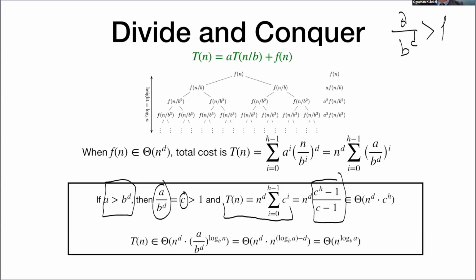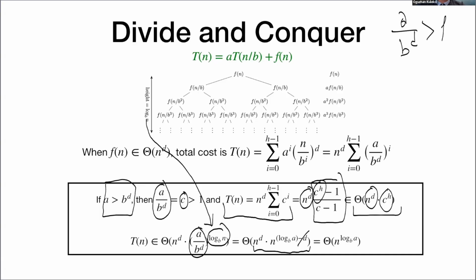Once you do it, what are the dominant terms? n to the d, right? And c to the h. If we plug in c equal to a divided by b to the power of d, and h is log n base b coming from here, then by following some algebraic manipulations, this will turn to this expression.